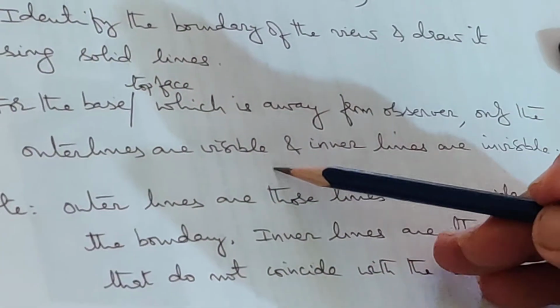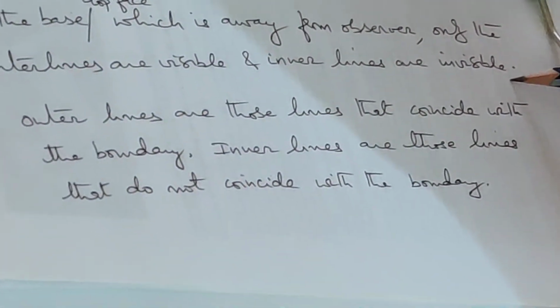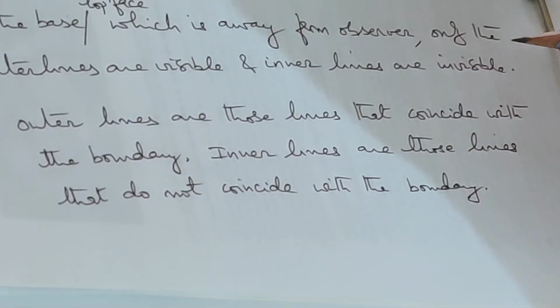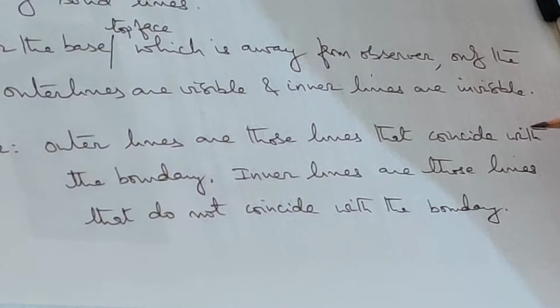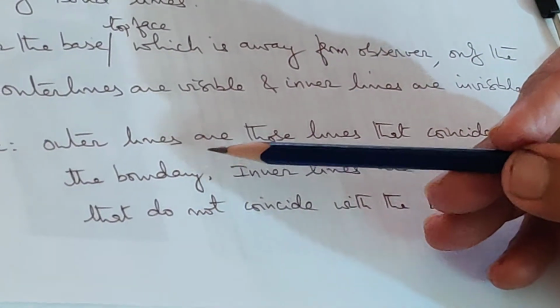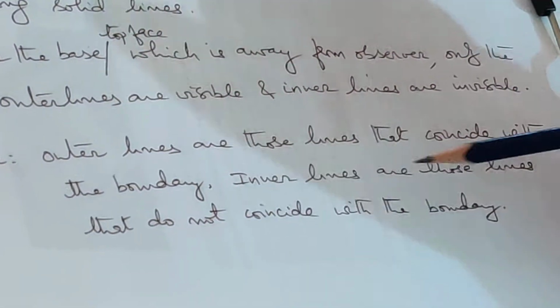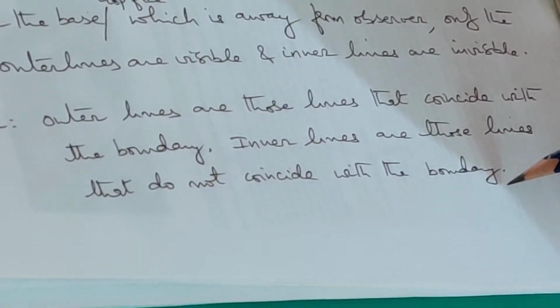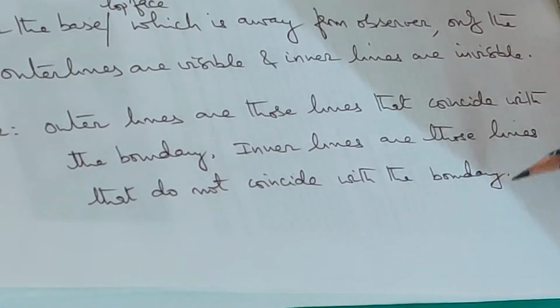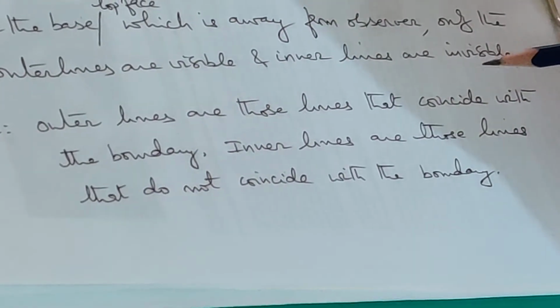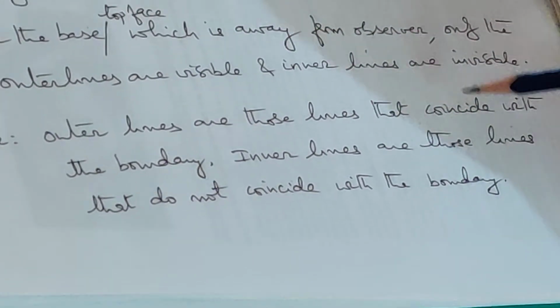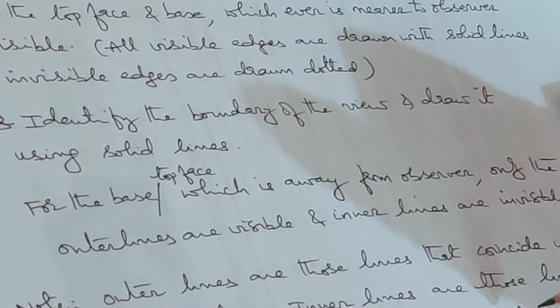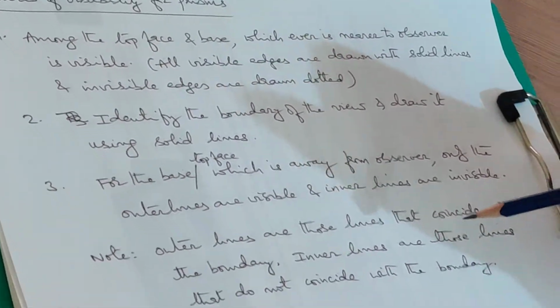I have mentioned here, outer lines are visible, inner lines are invisible. Now what are outer lines? Outer lines are those lines that coincide with the boundary of the view. Inner lines are those lines that do not coincide with the boundary. So the inner lines will be invisible. In other words, they have to be drawn dotted. So these are the three steps that you have to follow when we draw the top view.